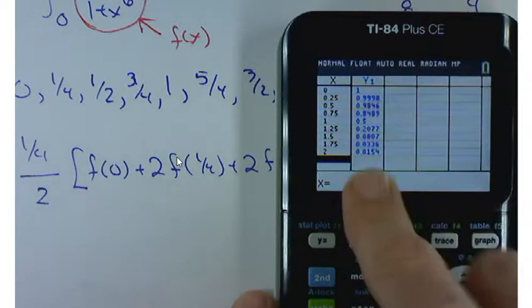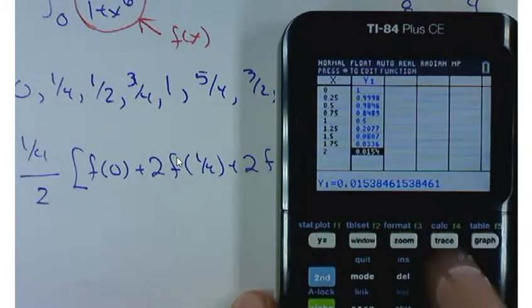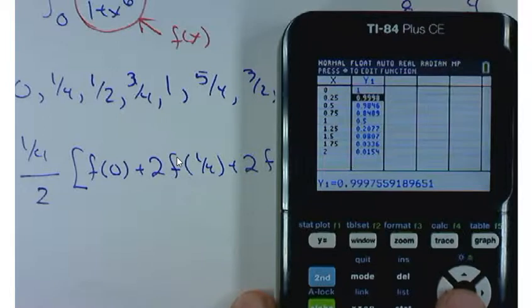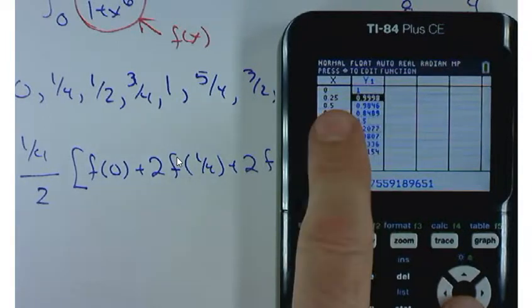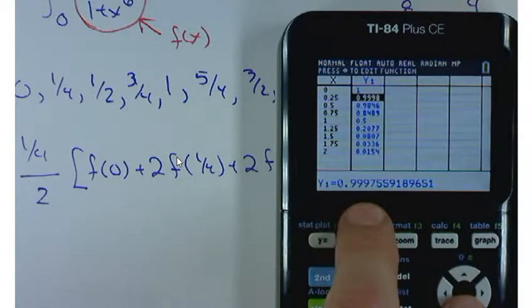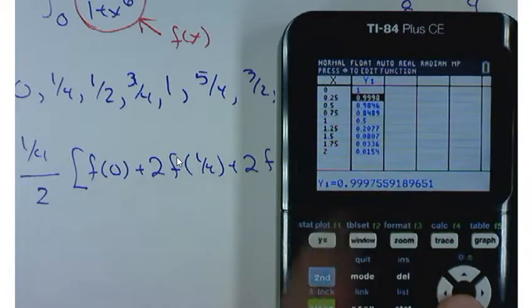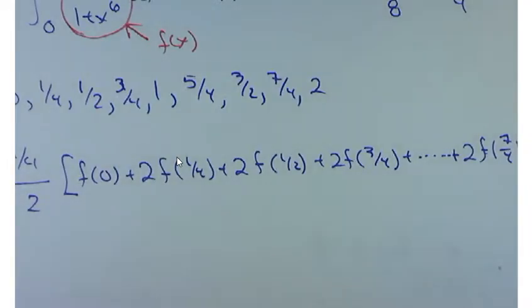Now, if you're not getting enough accuracy or digits in this column, then you can cursor over to that column and just go up and down to see as many digits as you need. So at 0.25, we got 0.99975, which rounds to 0.9998, etc. Boy, this looks like a lot of fun, huh?